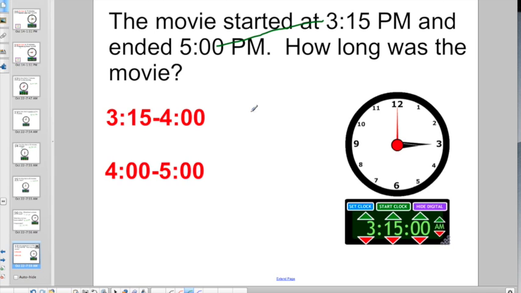So my advice, first of all, I would count from 3:15 to the next available whole hour. From 3:15 to 4 p.m., hey, that's 45 minutes. And then count from 4 p.m. to 5. Hey, that's 1 hour.